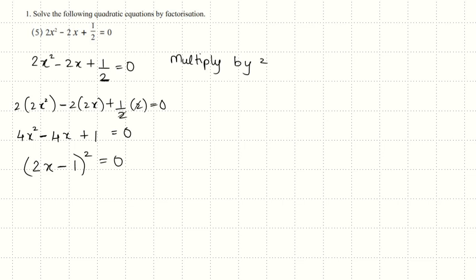How did we write this now? If you remember the formula of a minus b whole square, it is a square minus 2ab plus b square. This is what we have applied here, which is 2x minus 1 the whole square is equal to 0. On solving this, this is a, this is b, if we consider this as a and b.